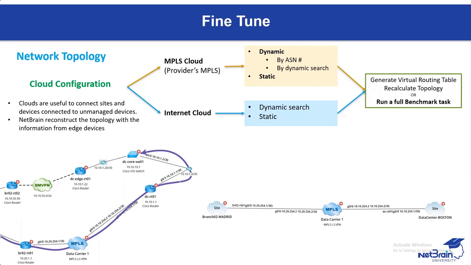And then I like to joke that internet cloud objects are the NetBrain equivalent of writing "Here There Be Dragons" on the edge of your map. So what I mean by that is all this is just saying, hey, this is the edge of our network that we control, and past here is the internet. So you attach them to one or more specific devices and interfaces, just like the MPLS clouds.